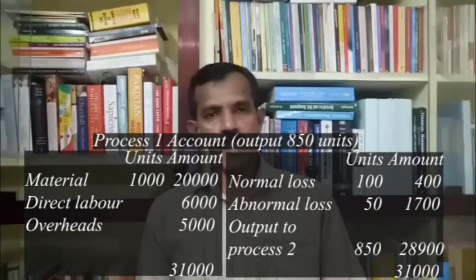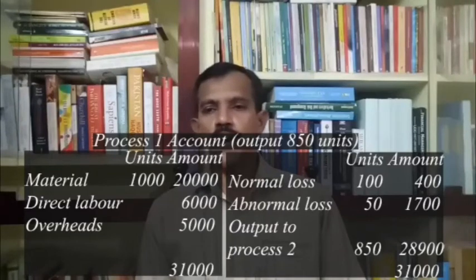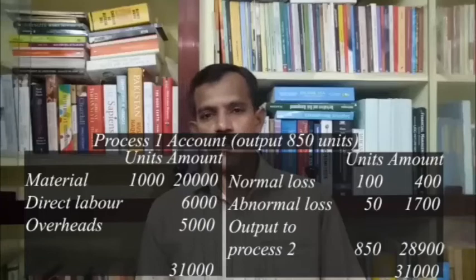On the credit side, firstly we show our normal loss, 100 units, then scrap value amount 400. Then we show our abnormal loss. We introduced 1000 units and got only 850 units as output. So 100 units is normal loss, and the balance 50 units is our abnormal loss.